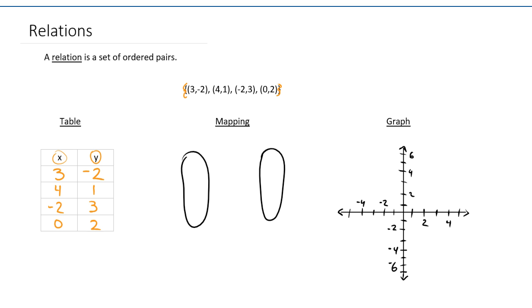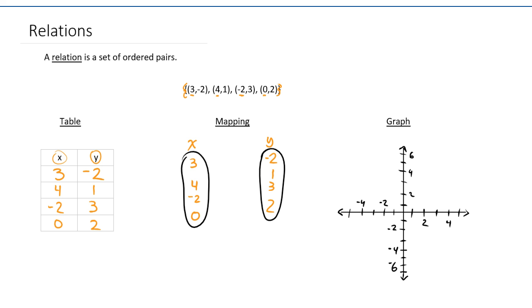Mapping shows how these are each related to each other. So we can have an x and a y, and so we have our 3, our 4, our -2, and our 0, because remember the first one in each of these is our x's, and our y's are -2, 1, 3, and 2. Order doesn't matter in here, so you can just put them in how you want.